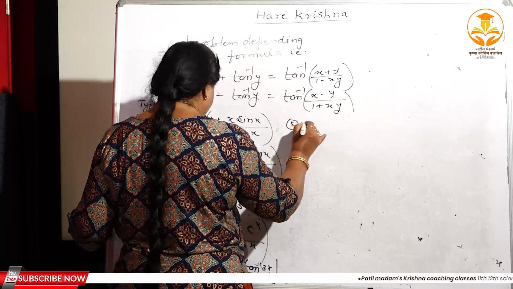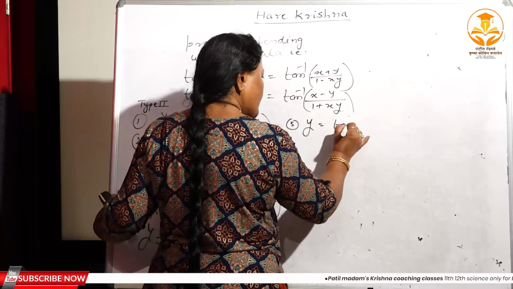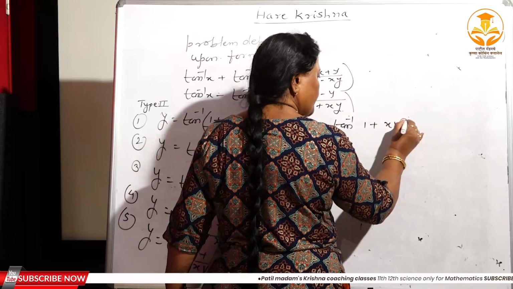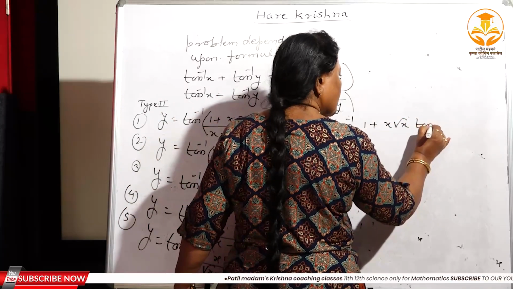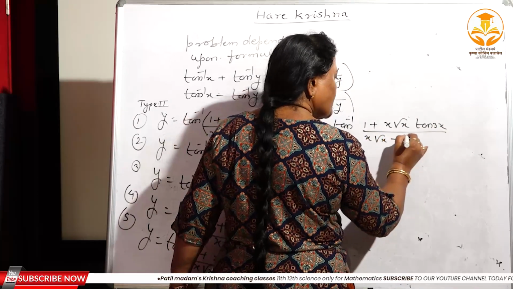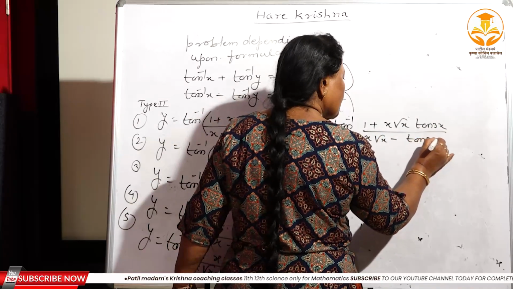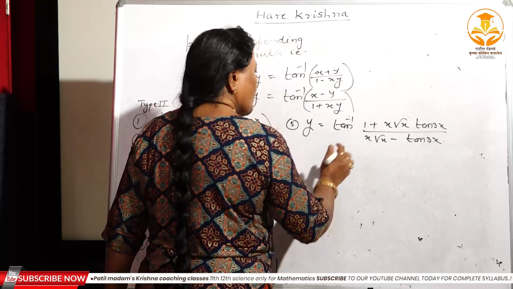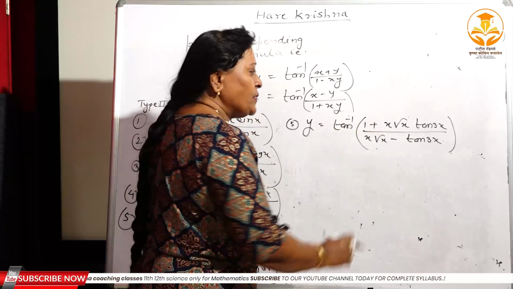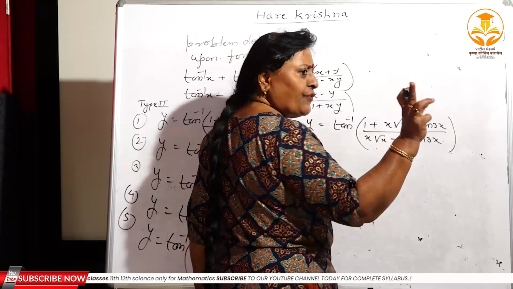See, y is equal to tan inverse of (1 plus x root x) tan 3x divided by (x root x minus tan 3x), isn't it? So first you have to write x root x. How will you write this? Because x root x is one term only.